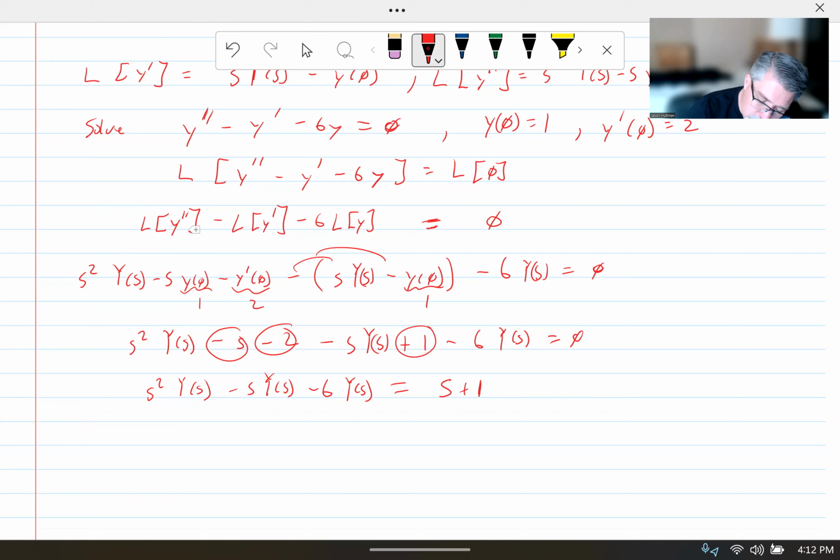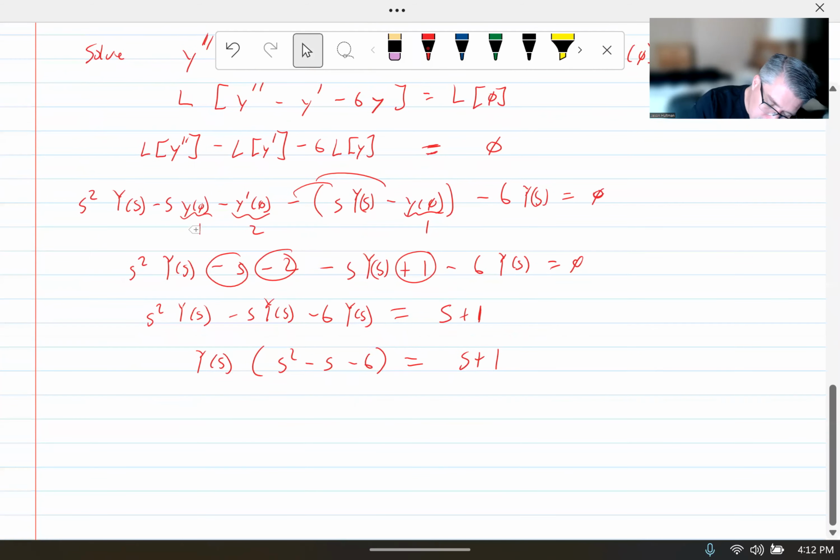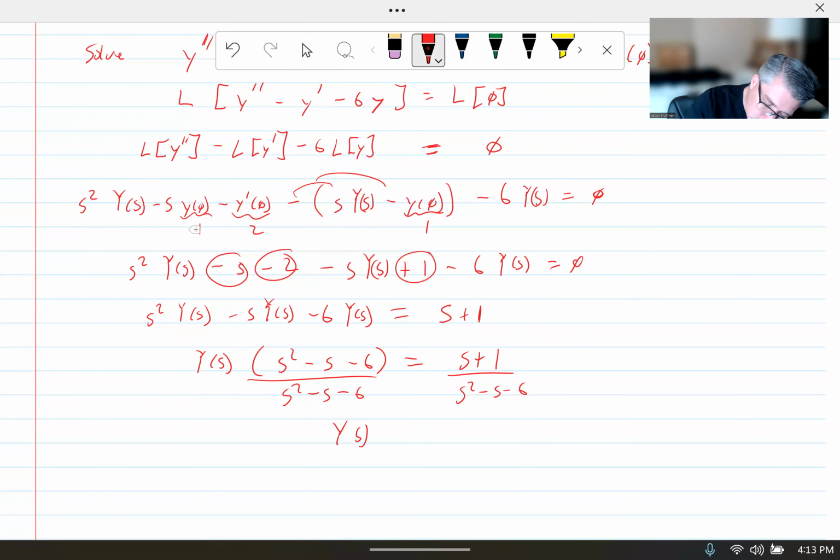Now what I can do is factor out the y of S. And so I get S squared minus S minus 6 is equal to S plus 1. Then if I divide by S squared minus S minus 6, I get y of S is equal to S plus 1 over S squared minus S minus 6.